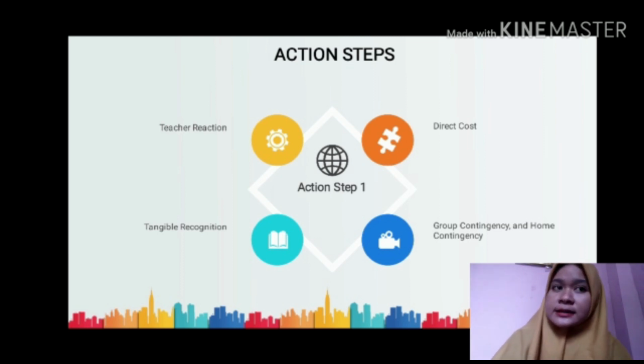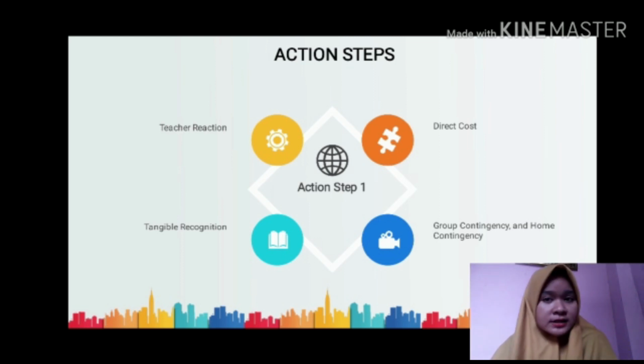And the second is group contingency. Group contingency techniques operate in a fashion similar to tangible recognition techniques, except they apply to a pre-established group of students as opposed to individuals, and these techniques require every student in a group to meet a behavior criterion for the group to earn credit.